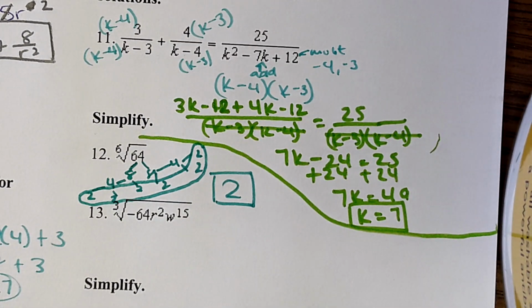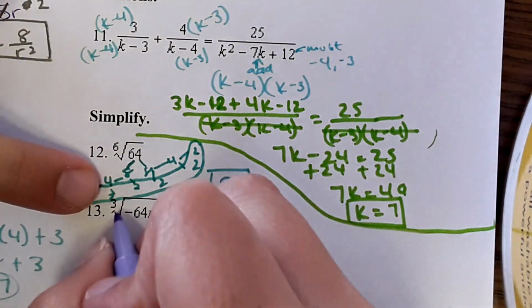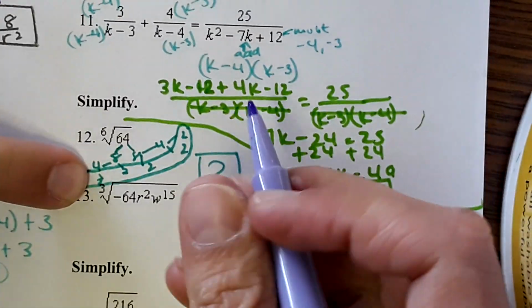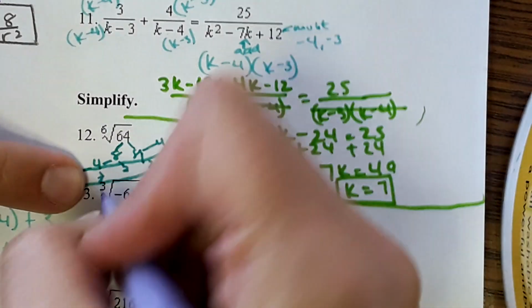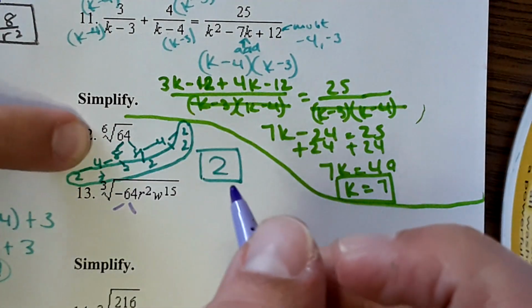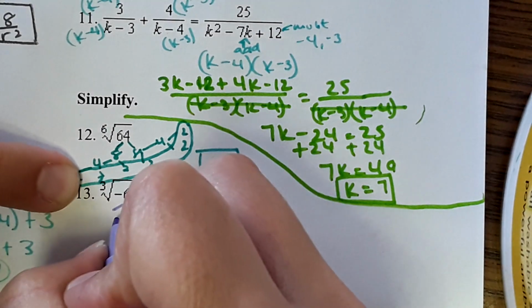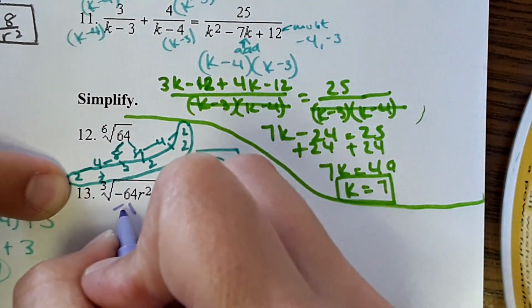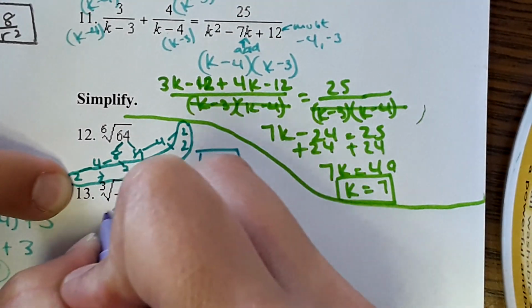Okay, number 13. Now we're doing the cubed root, so we're looking for 3 of the same number. So for 64, I'm just going to break it up again. Actually, I already know there's going to be 6 2's because we did it in the last problem. Okay, I'll still do it.